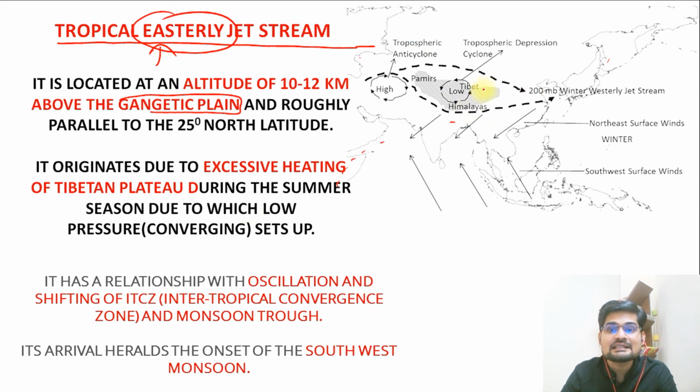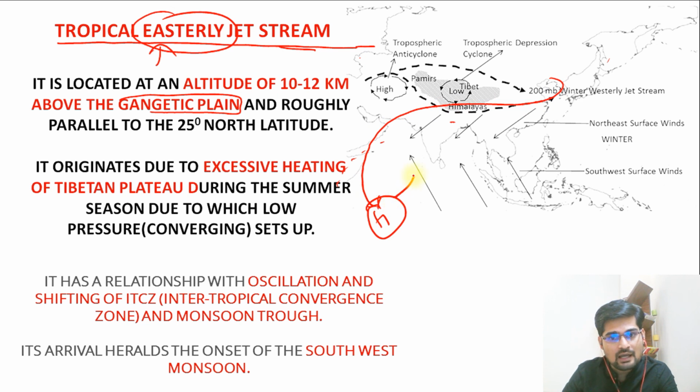So this is the entire mechanism of the tropical easterly jet stream. It goes like this and subsides here again, and when it subsides, it is a high pressure, and then from high pressure again, the southwest direction of the wind starts going towards the continent, and that is where this is the southwest monsoon. So this is how it is created.